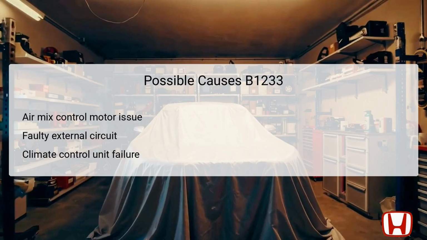Faulty connectors or damaged wires can result in an open circuit, generating the error signal. Furthermore, problems with the climate control unit itself, such as in its internal circuit, could also cause this DTC. Each of these components needs careful examination to isolate the precise reason for the malfunction.